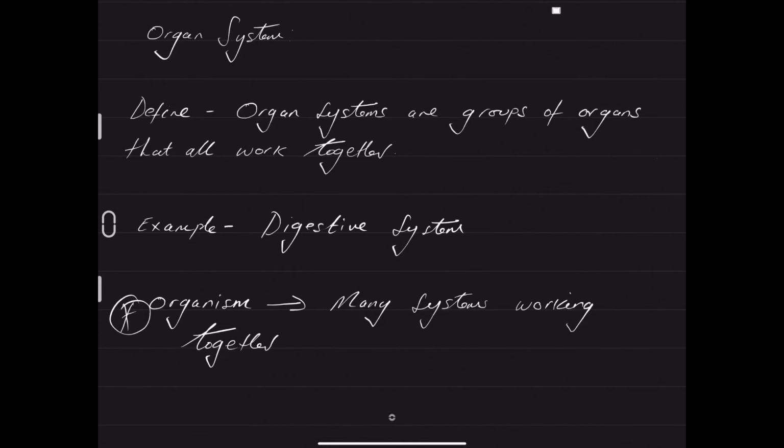Now, you must at the same time be aware that you can have living organisms that are unicellular, i.e. made up of one cell only. The layers of organization that we have looked at today are specific to multicellular organisms.